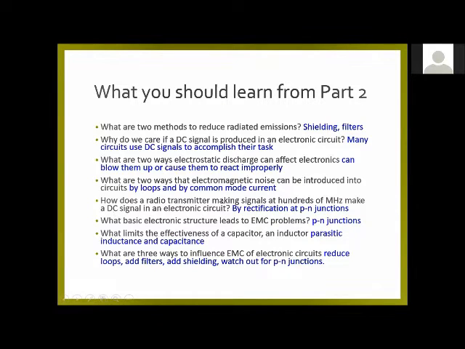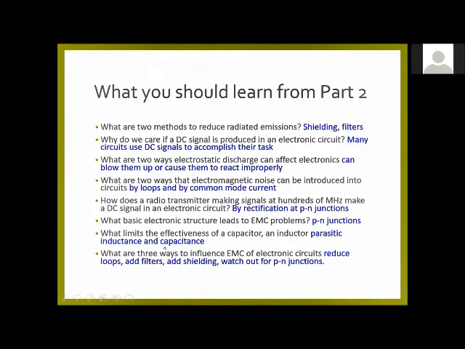How does a radio transmitter making signals at hundreds of megahertz make a DC signal in an electronic circuit? It's by rectification at PN junctions. And what is the basic structure that leads to these problems? PN junctions. What limits the effectiveness of a capacitor or an inductor? I mentioned parasitic inductance and capacitance.